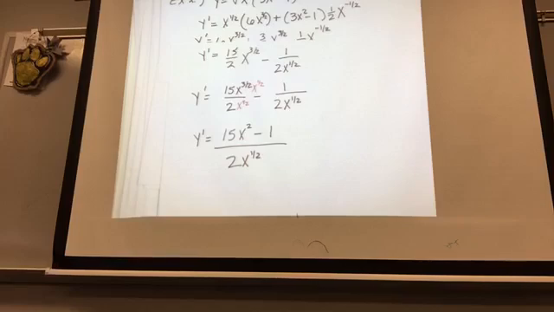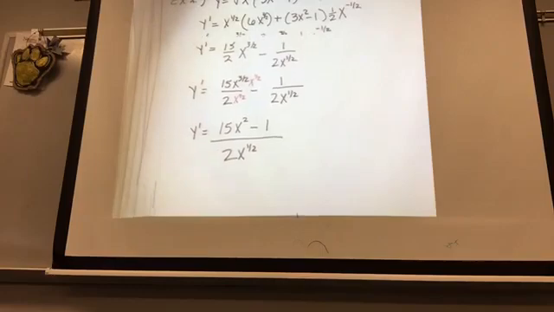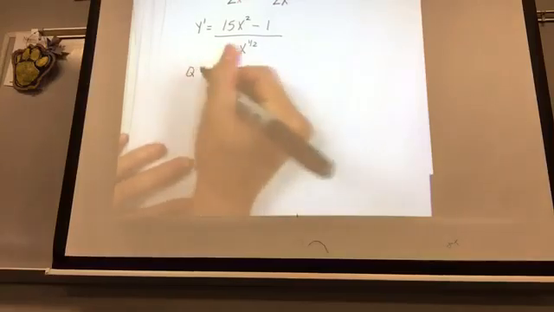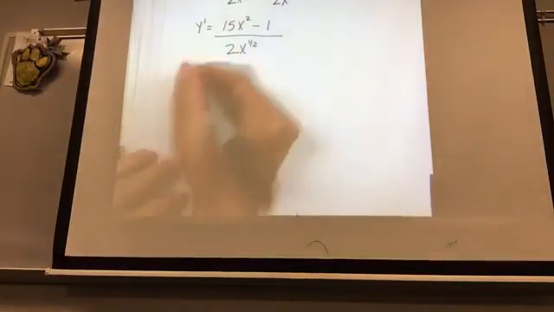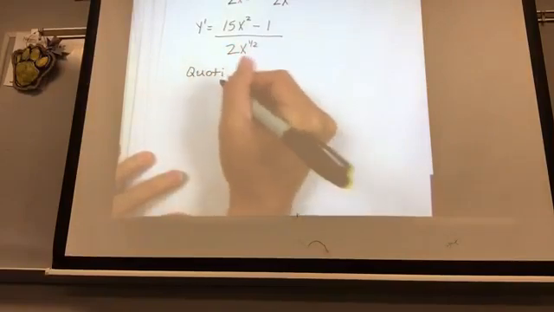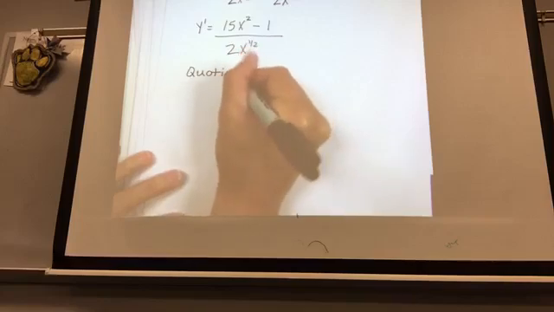Alright, so now our quotient rule. So we saw what we do when you're multiplying two functions. So our quotient is when we can think of the function as the division of two functions.